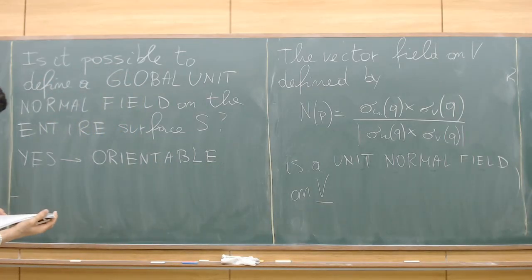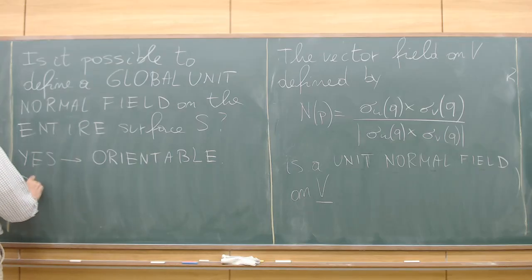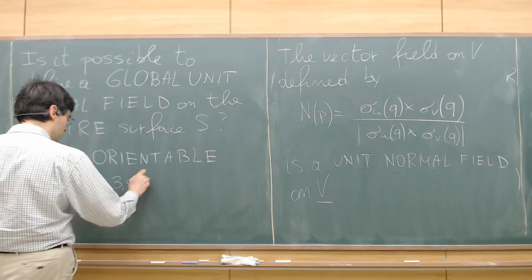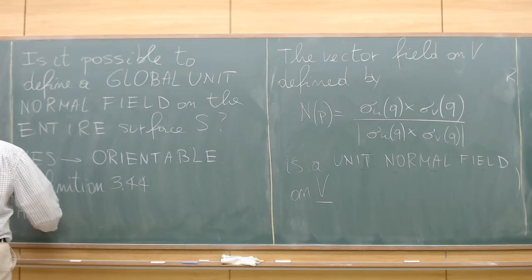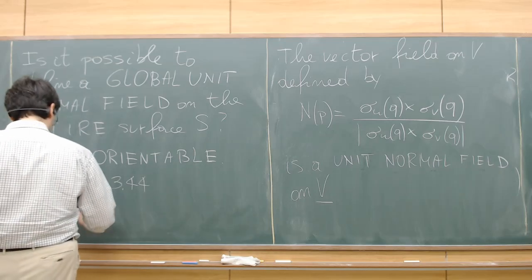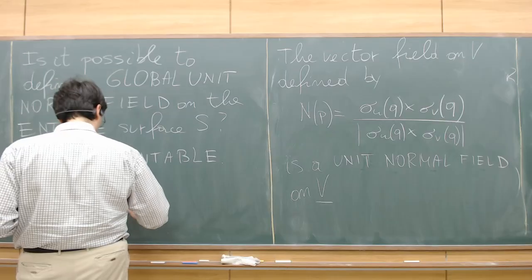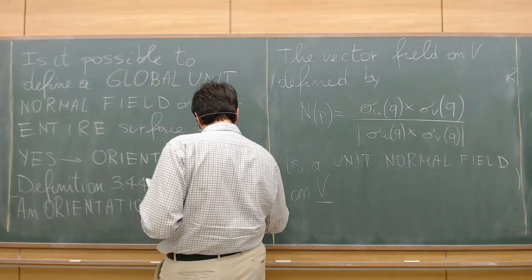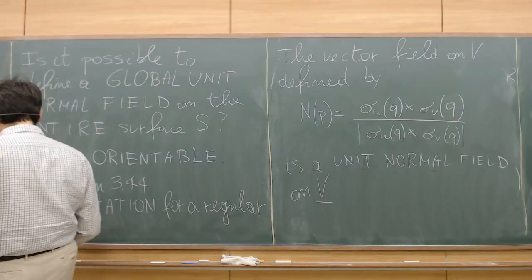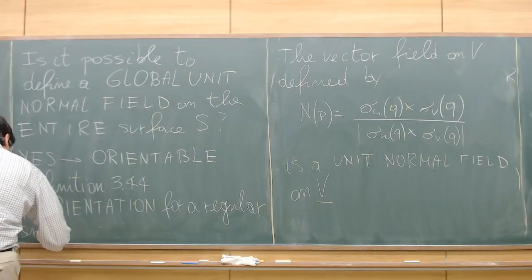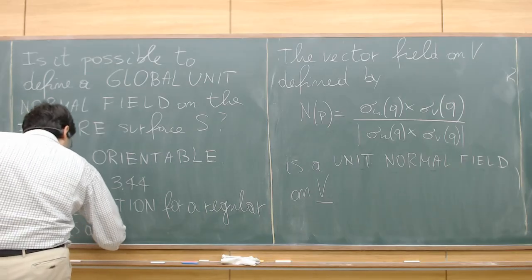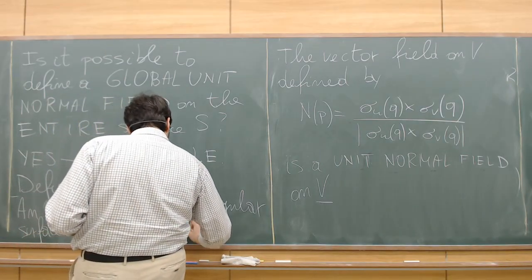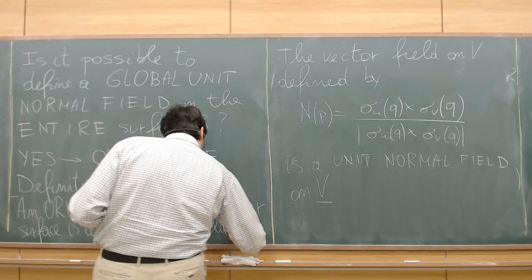So we are ready to give the following definition. An orientation for a regular surface is a unit normal field on it.